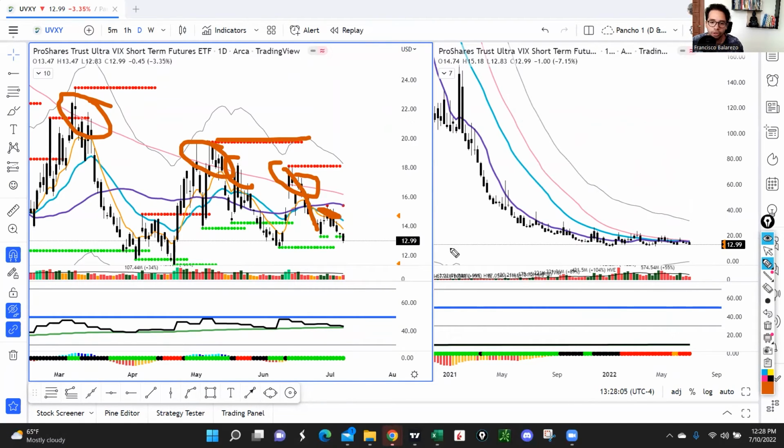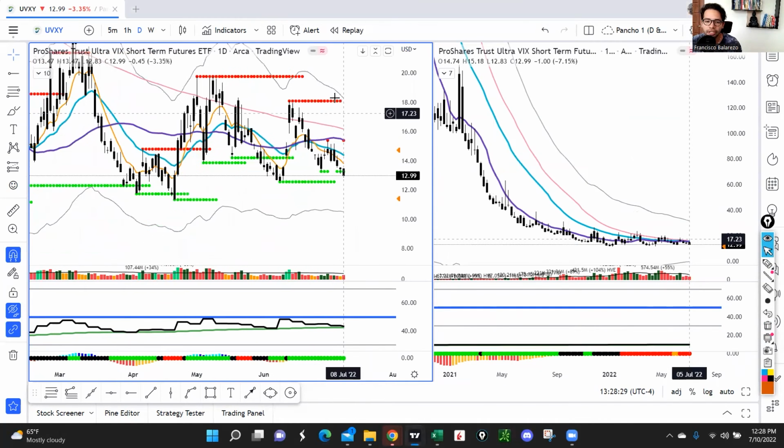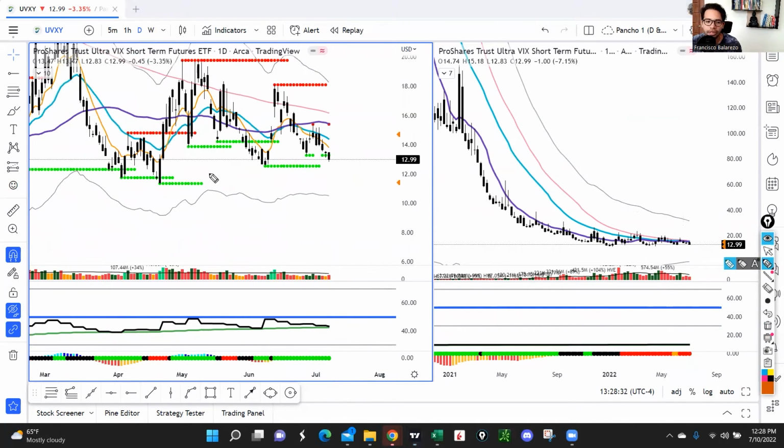And now you can see that the UBXY is getting rejected at that declining 21 exponential moving average, and price continues to make lower highs. And now that we're starting to break here, you can see that we actually make a lower high right here, and that we are actually breaking below and making a lower low, which makes me think that the UBXY here is getting ready to break below these levels and then perhaps may test somewhere around 1150.